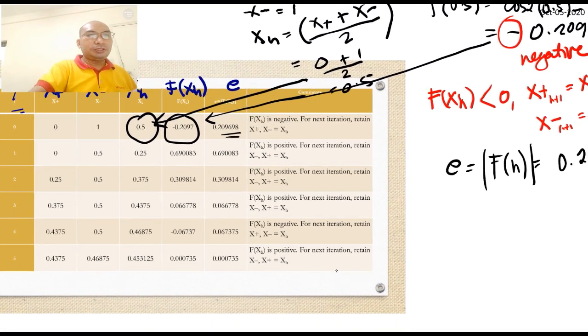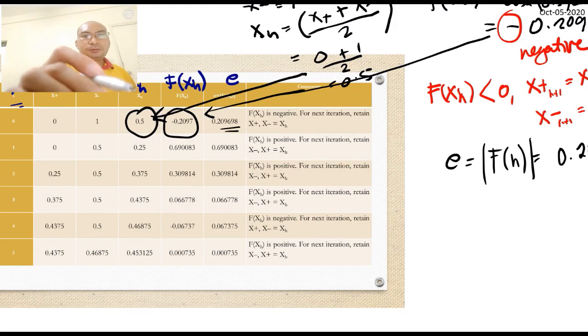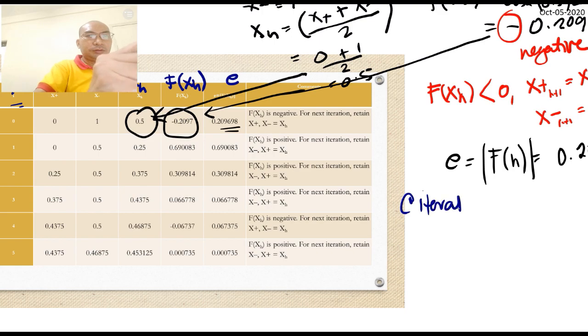So take a look here. At iteration 1, what will be your x plus?